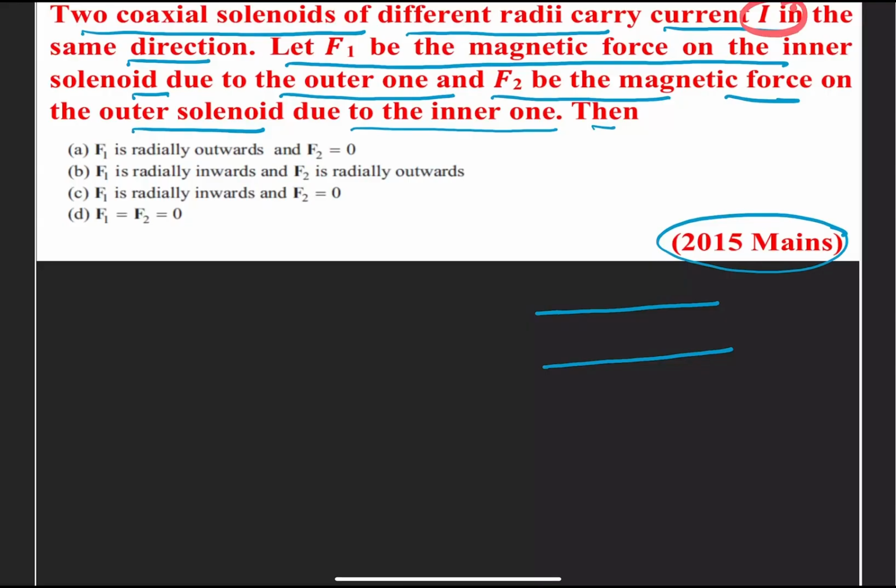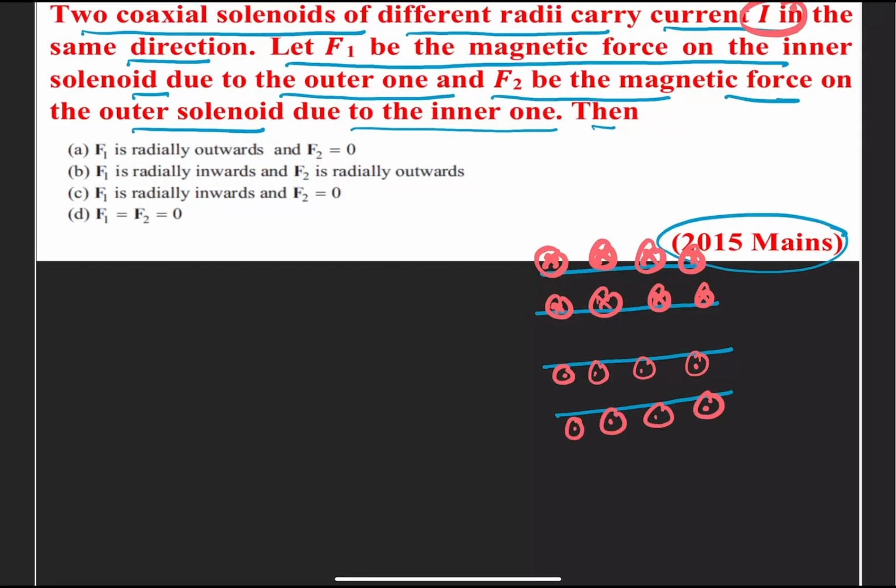So we say this is our into the wire current and correspondingly we have an out of the wire. So this is the inner solenoid. Similarly, we can draw our outer solenoid, and the direction will be the same. So on the top side we have the current which is into the solenoid, and on the other part we have it out of the solenoid.